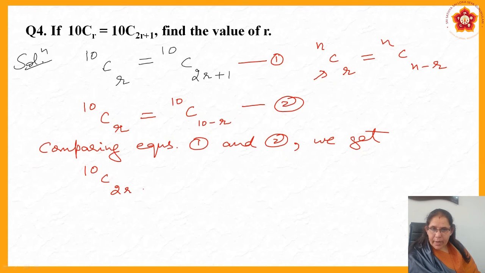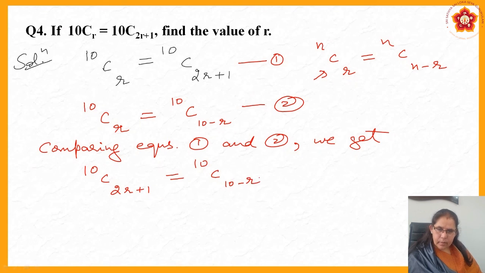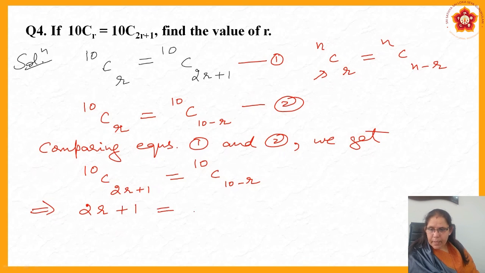So we can equate the right hand sides. 10C 2R plus 1 is equal to 10C 10 minus R. From here, just by observation, 2R plus 1 is equal to 10 minus R. We only have to compare this. 2R plus 1 is equal to 10 minus R.